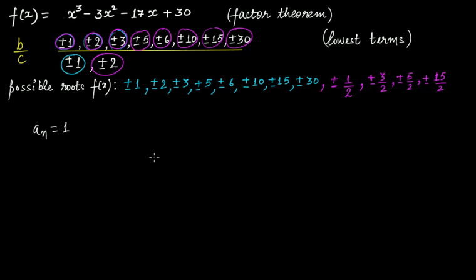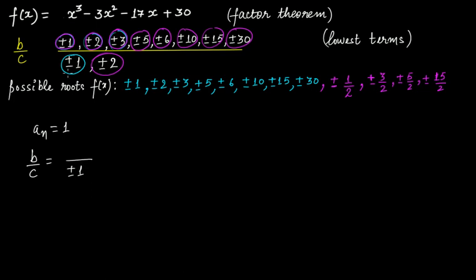If an is equal to 1, then tell me, when you deal with this b by c, b deals with the factors of 30, so you'll write all these factors. C deals with this an. In this case it is actually 1. So what will be the factors of 1? The factors of 1 will be plus minus 1, right?